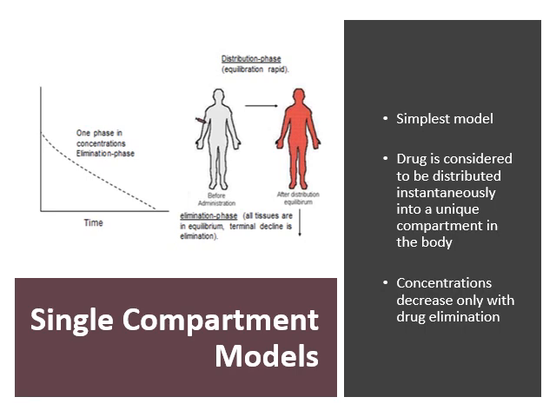So basically, you inject the drug and it is rapidly distributed. So you see the little figure of the guy here. You inject the medication into the right arm, and instantaneously the entire body has received the drug. So you have immediate equilibration throughout the entire compartment. In this instance, the compartment is one human body.